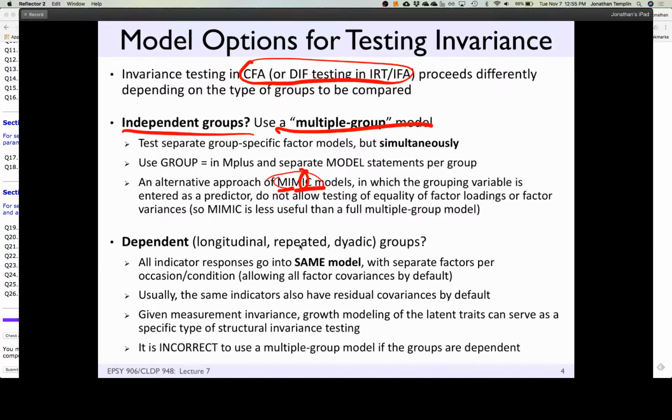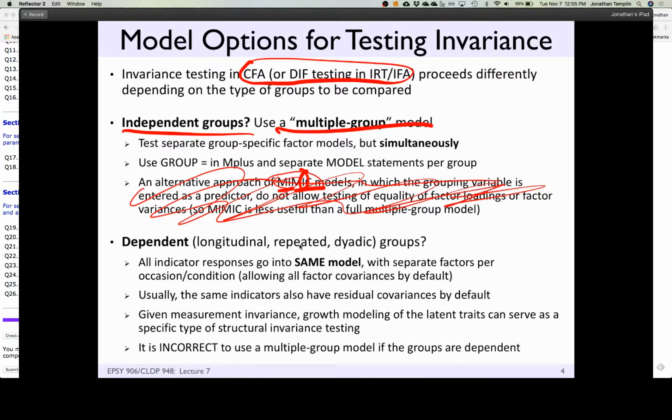Effectively, it tests for differences in intercept only, but not differences in factor loading. It was the easiest thing to implement with existing software back in the day, but it's not necessarily something we need to use anymore. It's sort of subsumed into our approach. So that's for independent groups.